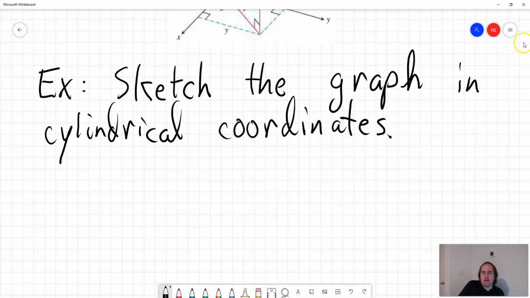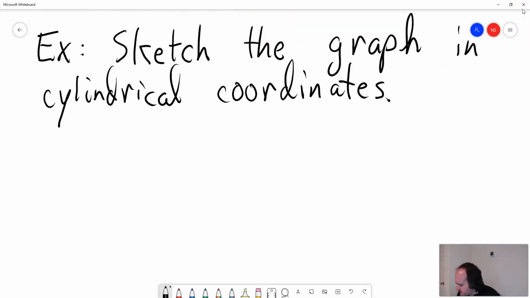All right, and for this first one, we're going to do the simplest type of graph. So example number 1, we're going to sketch the graph r equals 3.